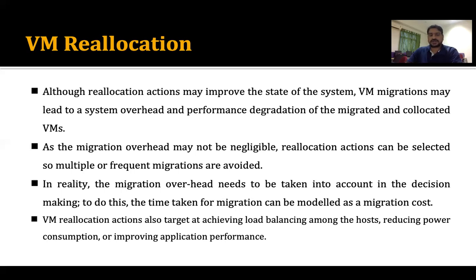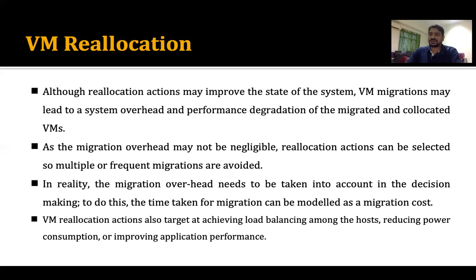Virtual machine reallocation action also targets achieving load balancing among the hosts, reducing power consumption or improving application performance. See, when we are reallocating the virtual machine to another physical machine, we may achieve all those things. We may balance the load of the hosts.